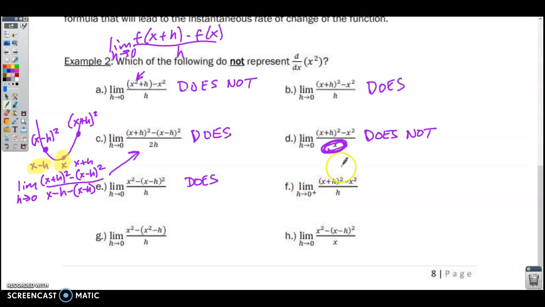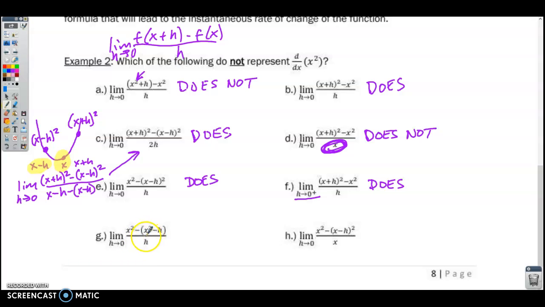F looks exactly like B, what's inside the limit, except in this case we're only having h approach 0 from the right-hand side. And really, in all honesty, when we thought about this, we mostly thought about h approaching 0 from the right-hand side. We always had h as a positive value. It doesn't have to be a positive value, but this does represent the derivative of the function. And then these last two do not.